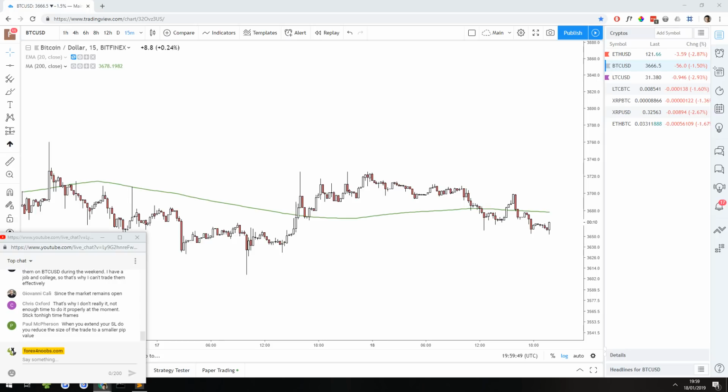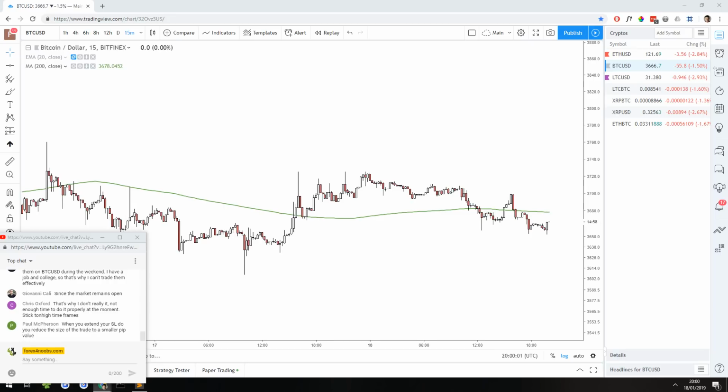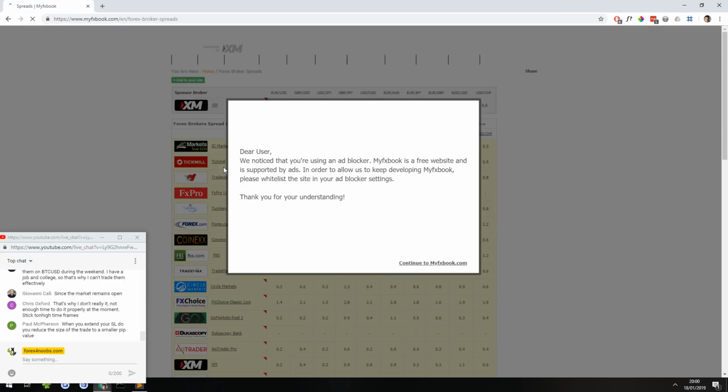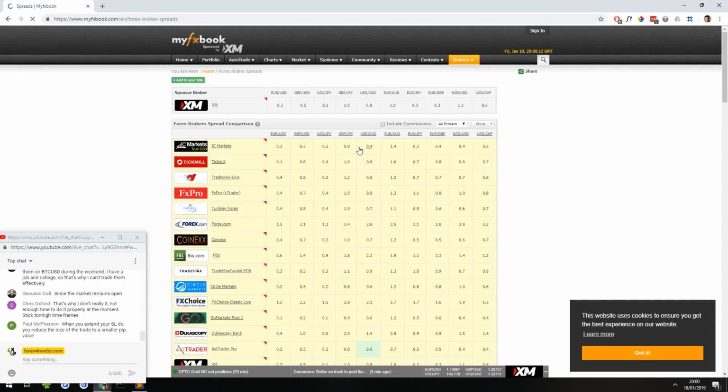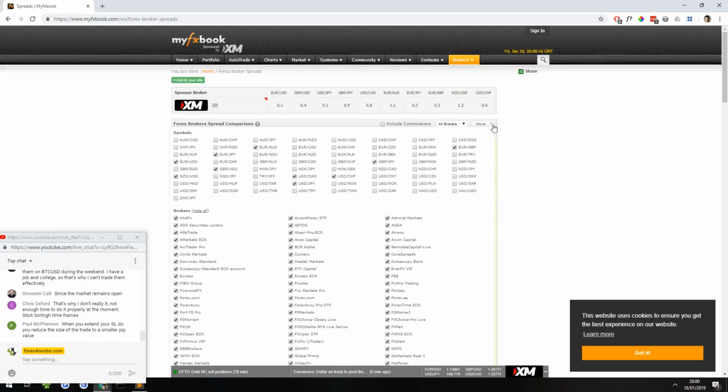Let's take a quick look if we can find that data. Where's that? All right, here, I got it. My FX Book has this cool little spread tool, but I don't think they would have BTC USD. No, they don't.